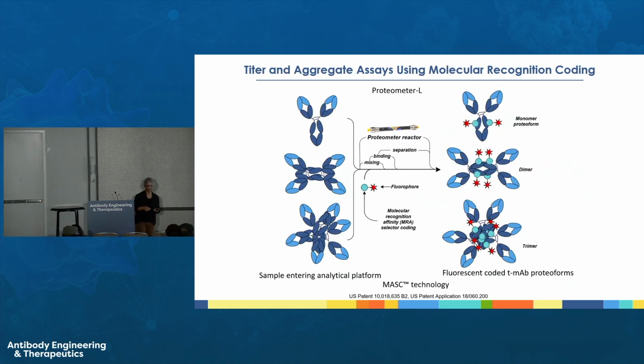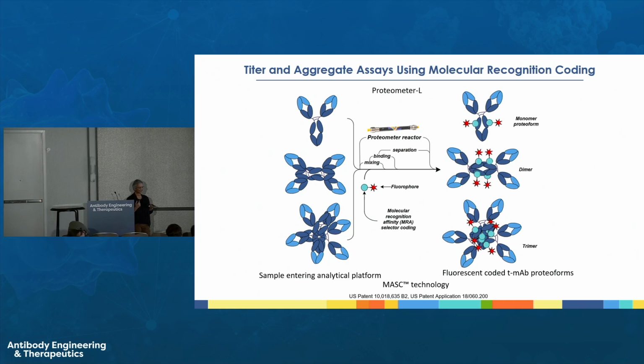Using this, we have a kit on the market called the Proteometer-L. Basically in this kit, you take crude, clarified fermentation broth that contains the mAb or the IgG, human or humanized, and then you just inject it into the column.